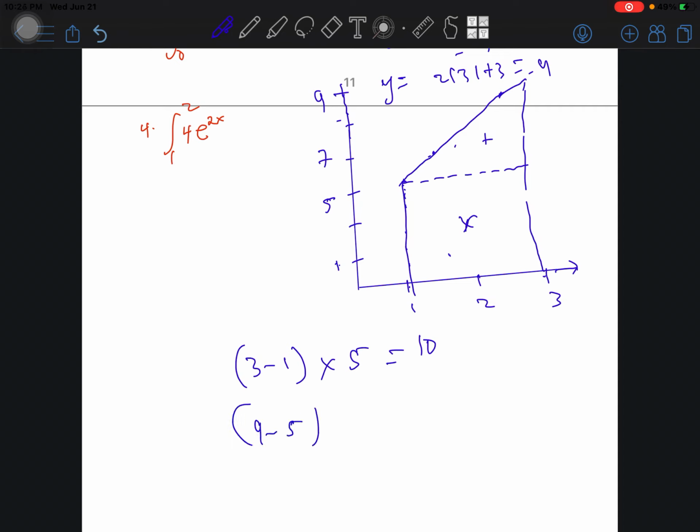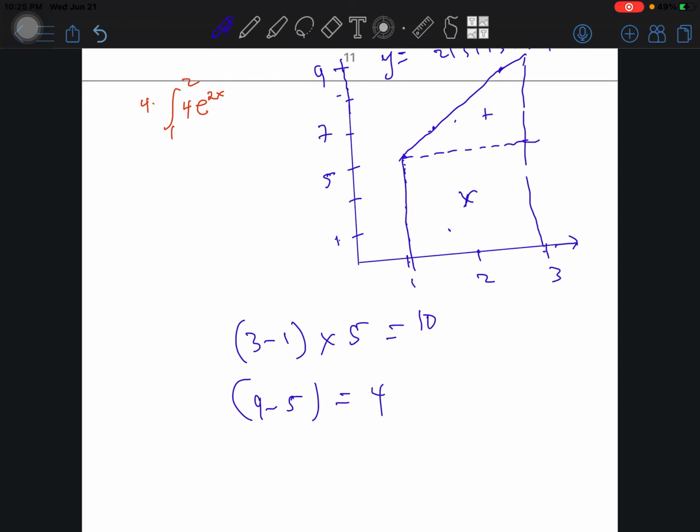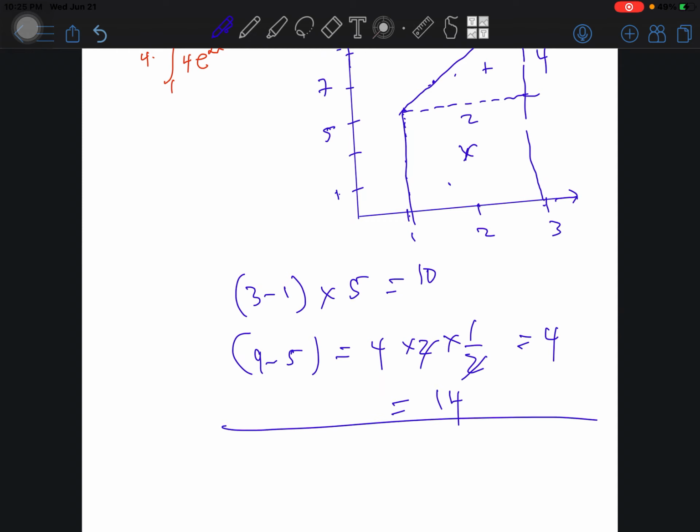So 9 minus 5 gives 4. From here to here is 4, and the base is the same 2. Therefore 4 times 2 times a half gives 4. So 4 plus 10 gives us 14.